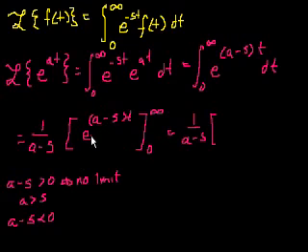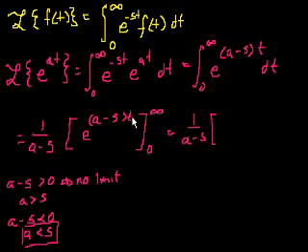E to an infinitely negative number approaches 0, while e to an infinitely positive number is just infinity, so it doesn't converge on anything. So I will assume that a minus s is less than 0, or a is less than s, just so that this improper integral actually converges to something.